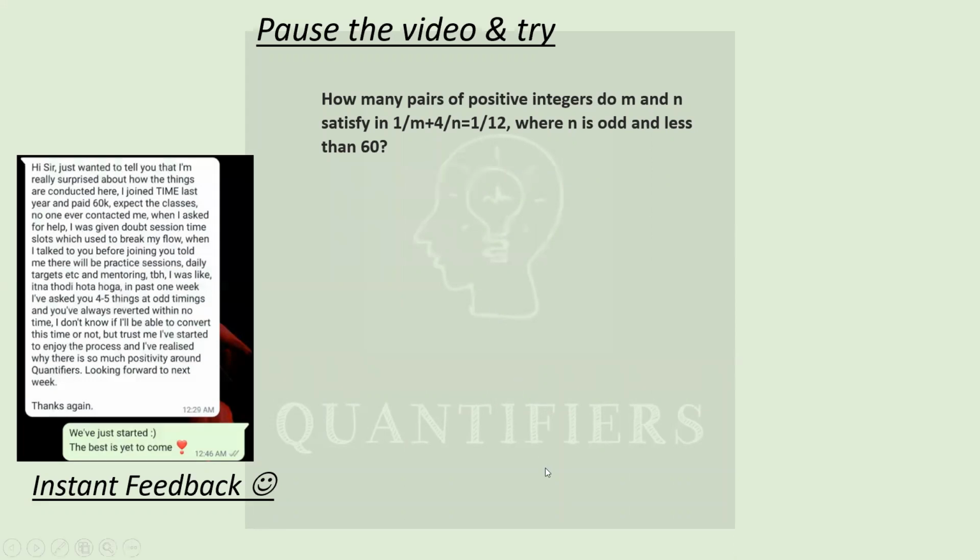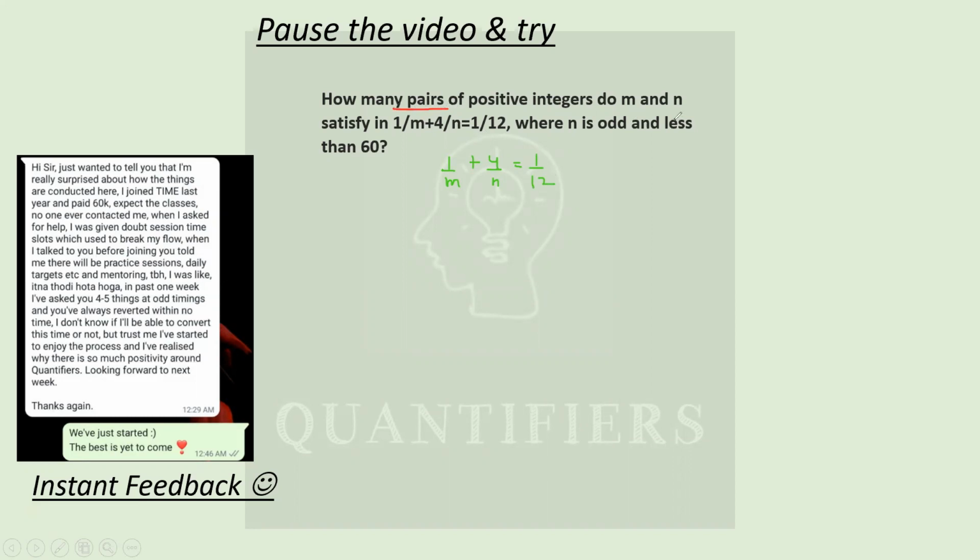Okay, students. So first of all, let us see what is given in the question. The equation is given: 1 by m plus 4 by n is equal to 1 by 12. Moreover, they are asking how many pairs are possible.